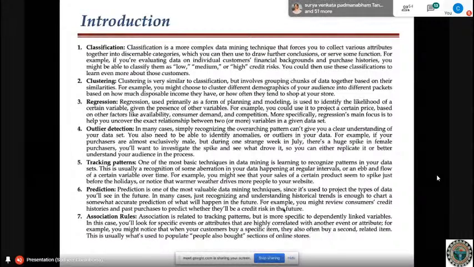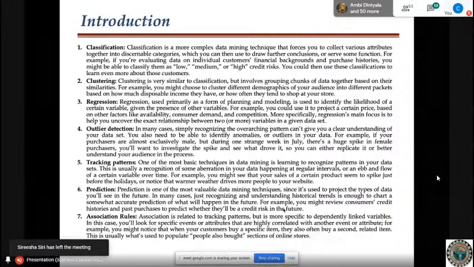Tracking patterns is nothing but sequential patterns. Like I wake up, take a shower, and go to college or office, and come back home at a certain time after office. These are all sequential patterns. How do we identify them?